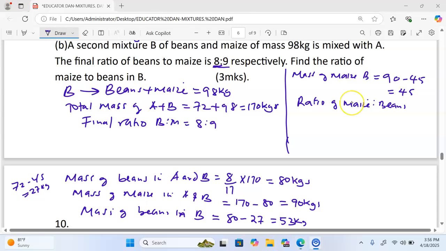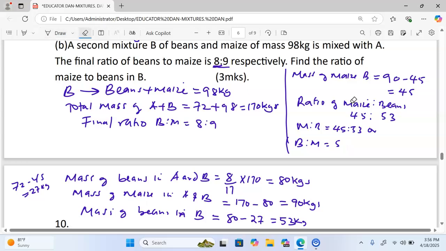So maize is 45, beans is 53, and therefore if we are looking at maize to beans, we are going to have 45 to 53, or if we are talking about beans to maize, we are going to have 53 to 45, and that is the answer to this particular question.